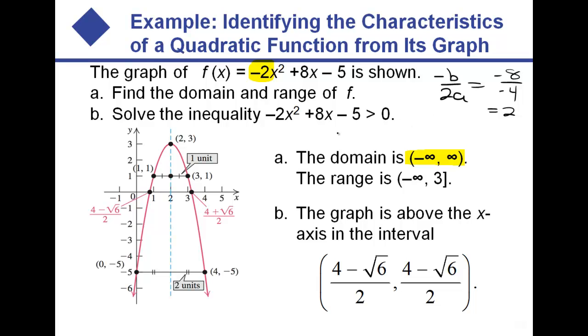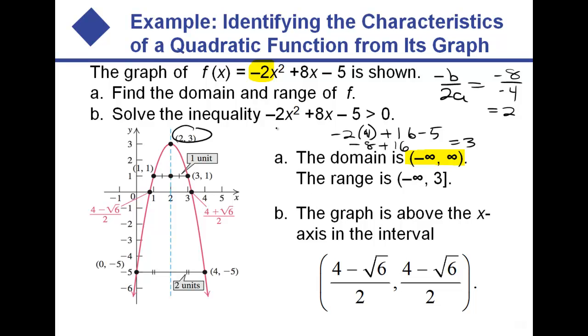When you plug that in, negative 2 times 4, because that's 2 squared, plus 8 times 2 is 16 minus 5. So here's negative 8 plus 16. That gives you 8. 8 minus 5, there's the 3 that they got. So there's my vertex of 2 comma 3, and that tells me that the top of my range is 3 with a square bracket because it actually attains that value, and the bottom of my range is negative infinity.